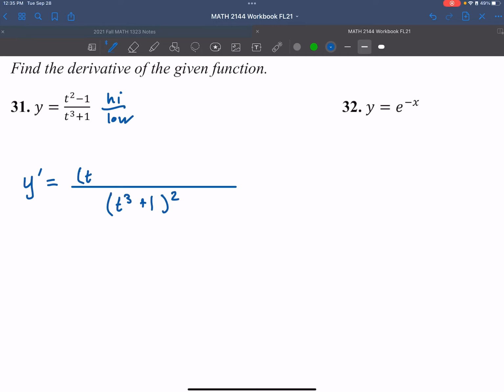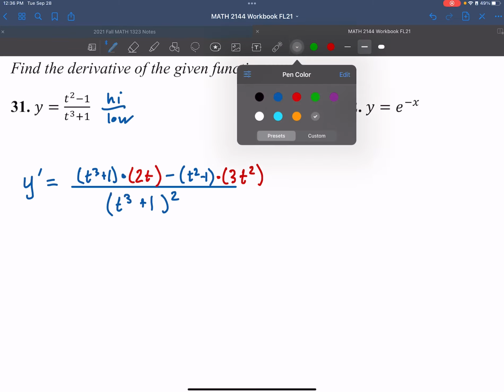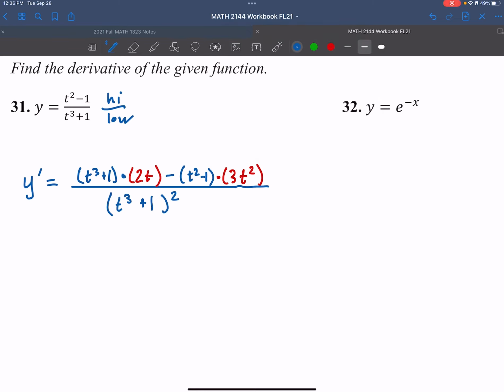Then we would have t cubed plus 1 times the derivative of the high, which is 2t, minus the high, which is t squared minus 1, times the derivative of the low, which is 3t squared. So that is the quotient rule in terms of just applying the above formula.